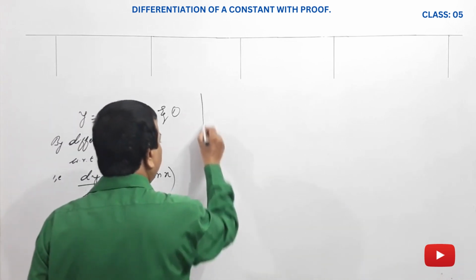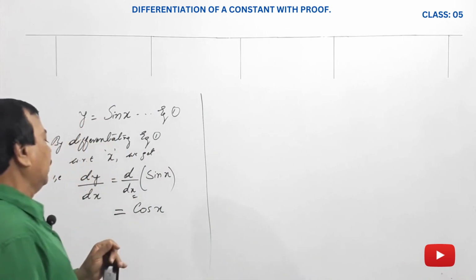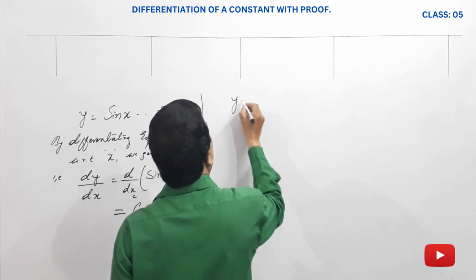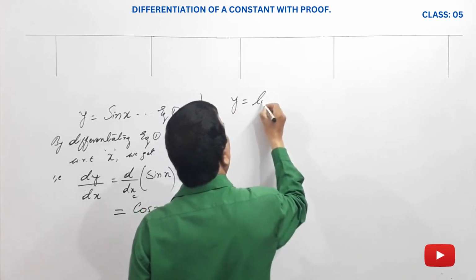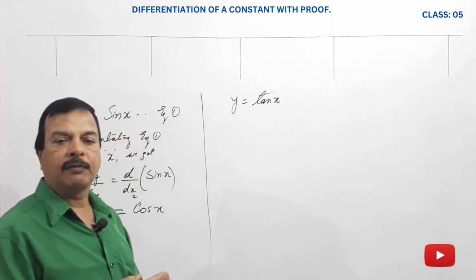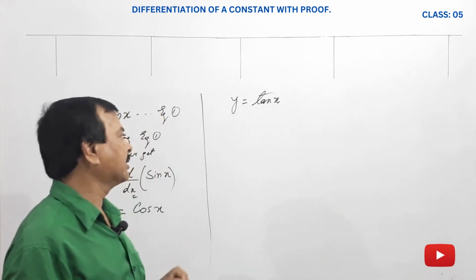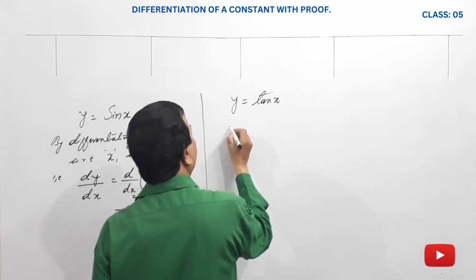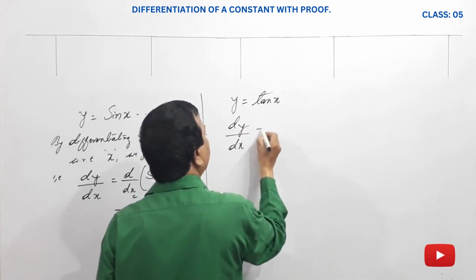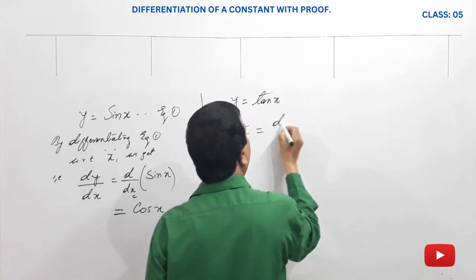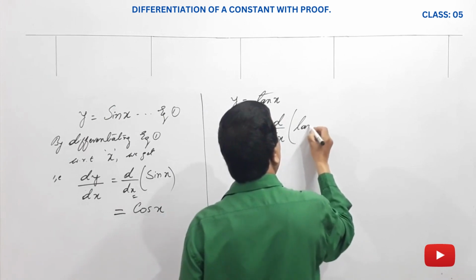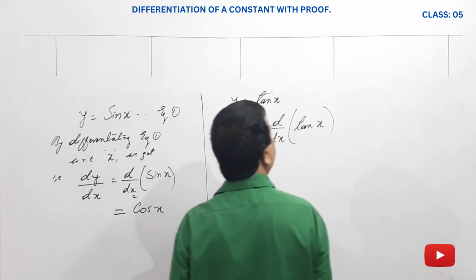Now let us think of another example. You are given y equals tan x. You are asked to differentiate this with respect to x. So that is dy by dx equals d by dx of tan x.